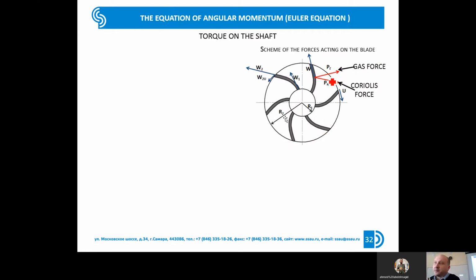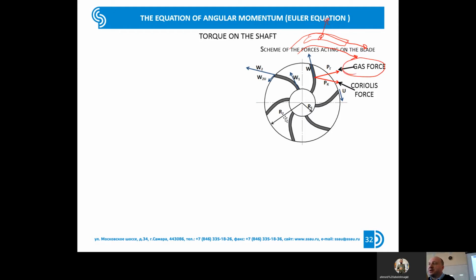It's the gas forces, because you have the blades and the working fluid flows around the blades, and you have some forces because of the interaction between the blades and the flow, and finally you have some resulting force, and it will be this one, gas forces.